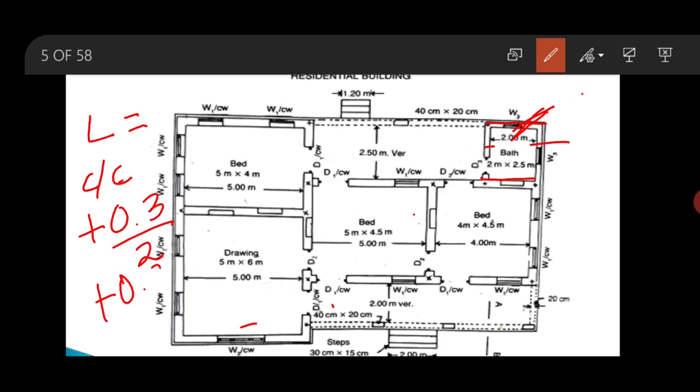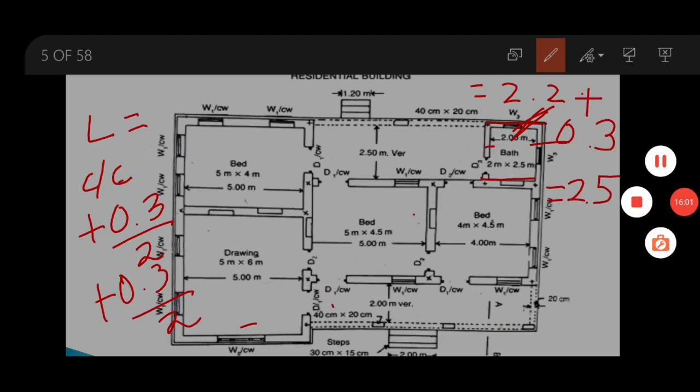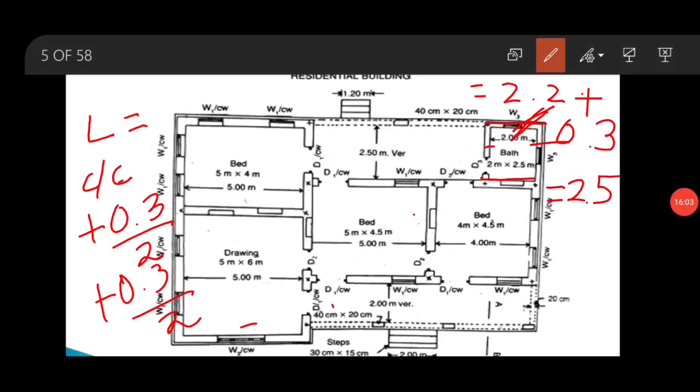So on both sides add 0.3 by 2 with the center to center length. Clear? So the center to center length is 2.2. With this 2.2 we will add 0.3. So this will become 2.5. Okay. Then we will move to the details of measurement form.